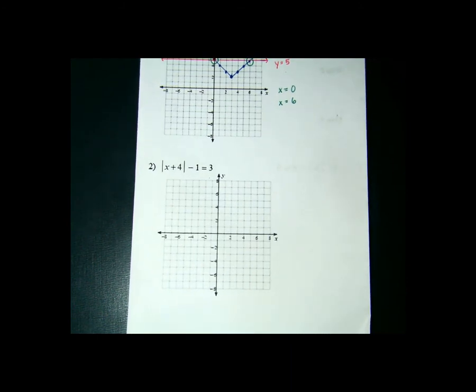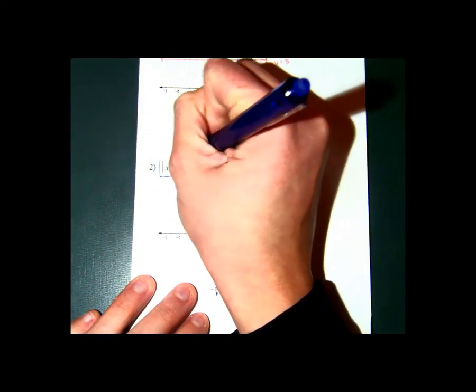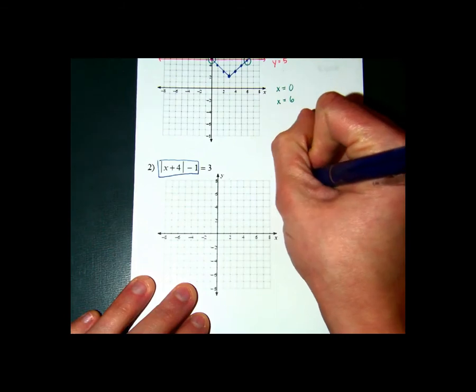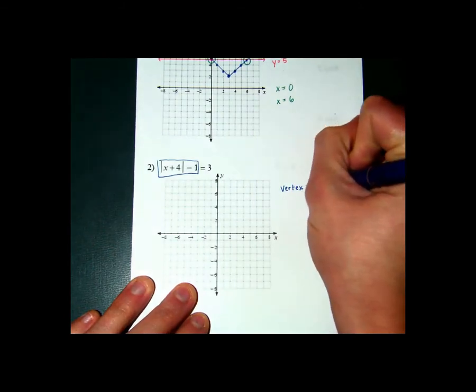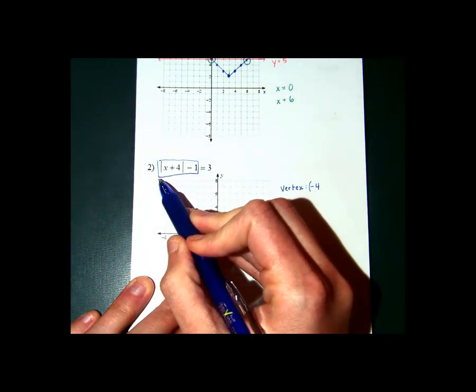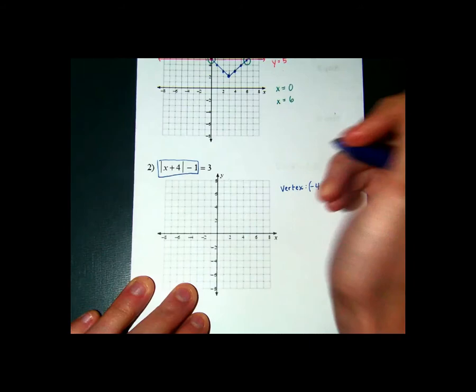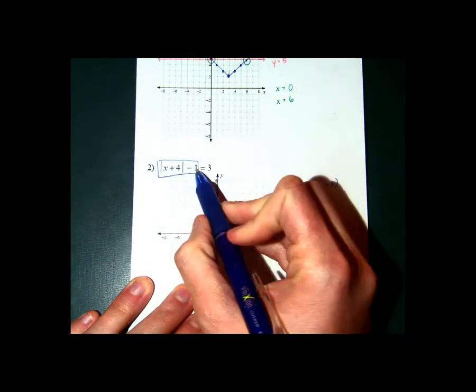Okay. We are, just like before, going to find the vertex. And the vertex for this is (-4, -1). Because this is positive, the actual equation is minus, so two negatives made it +4, and -1 from this value.